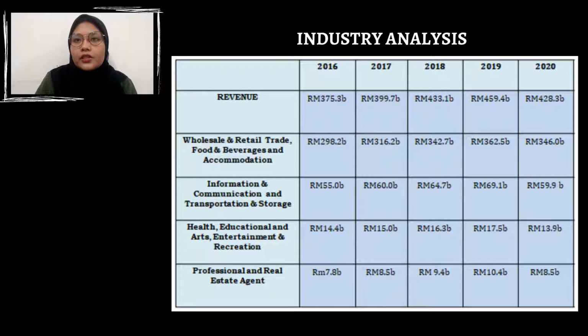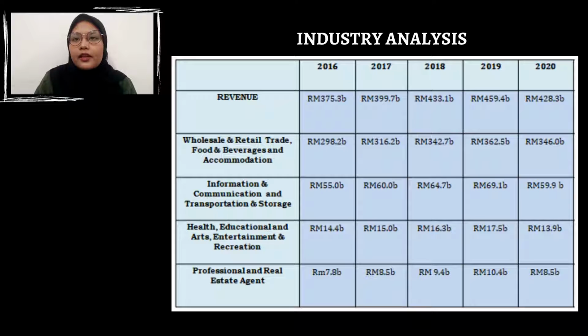From information and communication and transportation and storage is 64.7 billion ringgit. From health, education and art, entertainment and recreation is 16.3 billion ringgit. From professional and real estate agent is 9.4 billion ringgit.